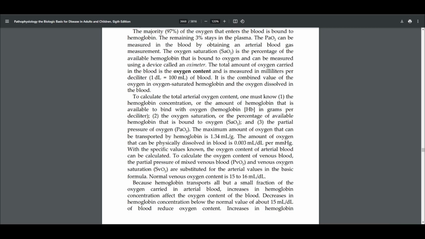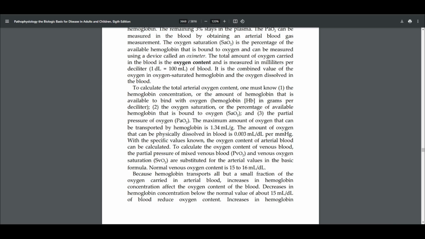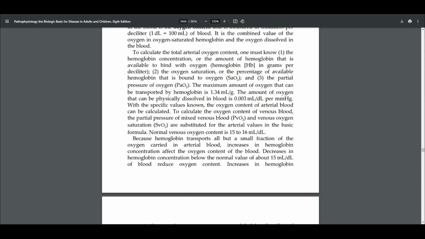The maximum amount of oxygen that can be transported by hemoglobin is 1.34 milliliters per gram. The amount of oxygen that can be physically dissolved in blood is only 0.003 ml per deciliter per millimeter of mercury.